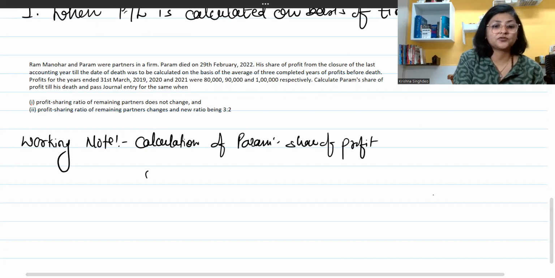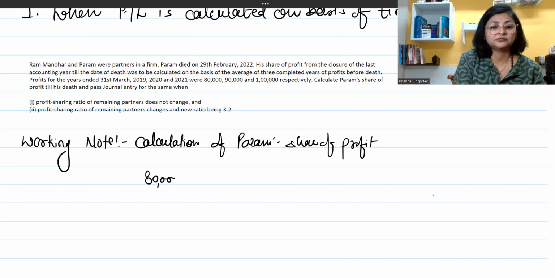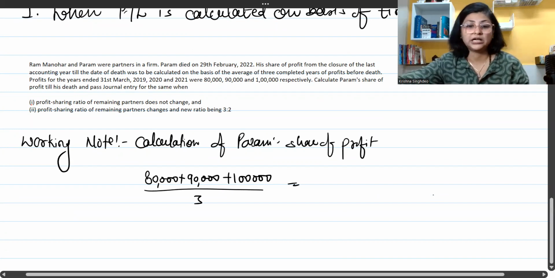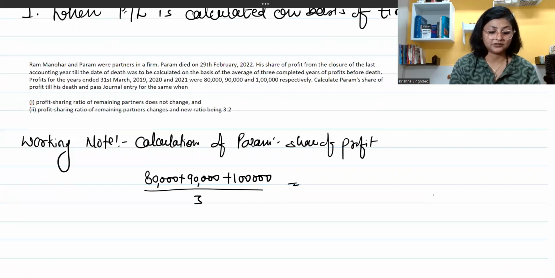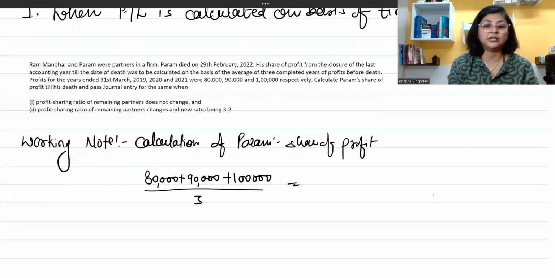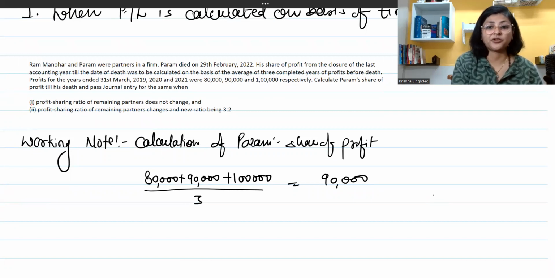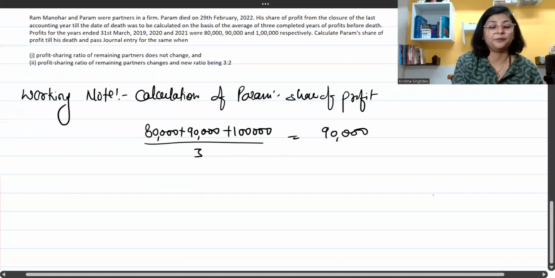Average profit of 3 years was 80,000 plus 90,000 plus 1 lakh. Divide by 3. So I'm just using calculator. 80,000 plus 90,000 plus 1 lakh divided by 3 is 90,000 rupees. So 90,000 is average profit. Now out of this average profit, we'll have to calculate Param's share.